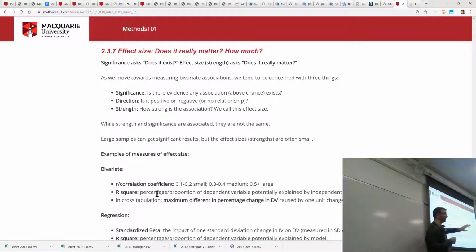The second one is with direction. Direction again sounds simple, except that things can be reverse coded. So let's say someone multiplied all of our coffees by -1, or hours of sleep was measured in hours less than 8 hours, or something. There's lots of ways, and you'll see it in your data sets.